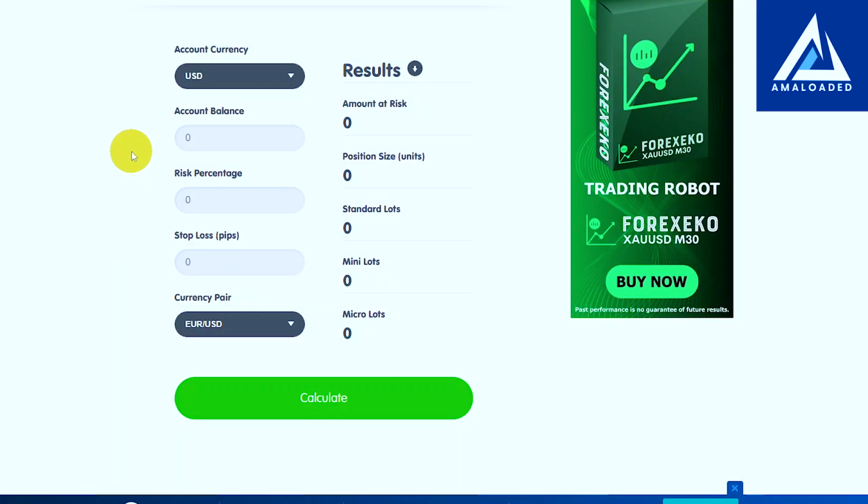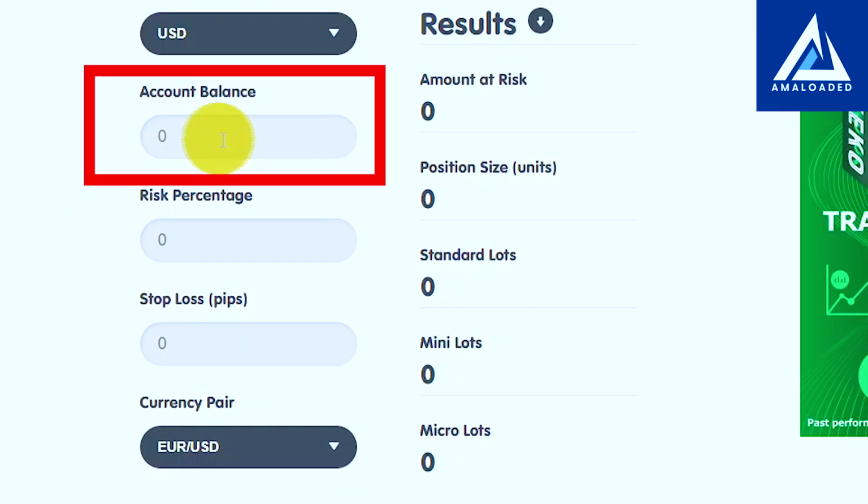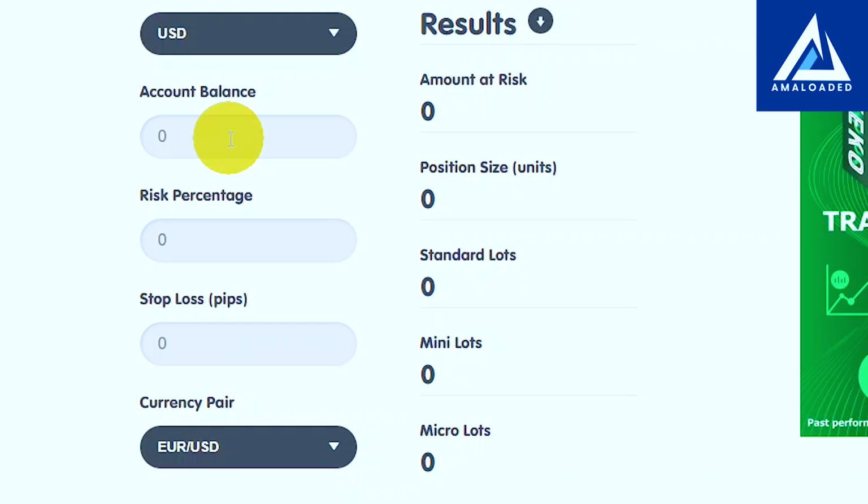On the page of the position size calculator, the first tab here is account balance, where you can input the trading balance on your MT5 or MT4. Let's assume you have $10,000 trading capital. You insert it here.